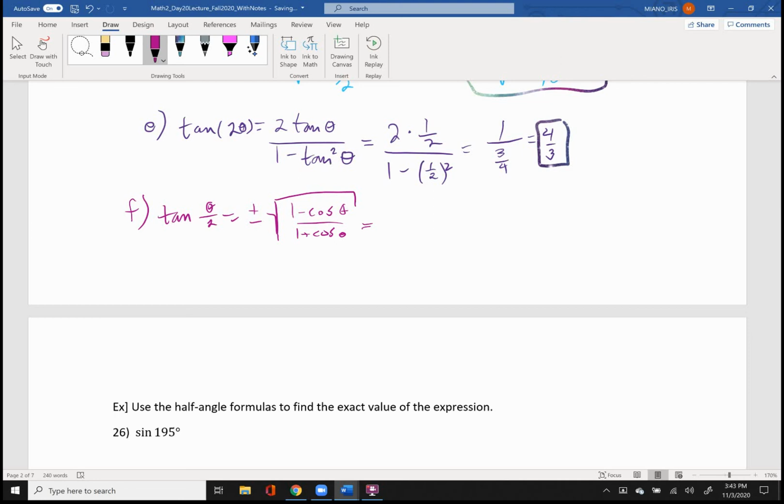So theta over 2, again, still is between pi over 2 and 3 pi over 4, so that means the tangent is going to be negative. So we'll take the negative square root here. I'm getting right to the final answer, but we need to arrive there together, at least with a little bit of work shown. So that'll be 1 minus negative 2 root 5 over 5 over 1 plus negative 2 root 5 over 5.